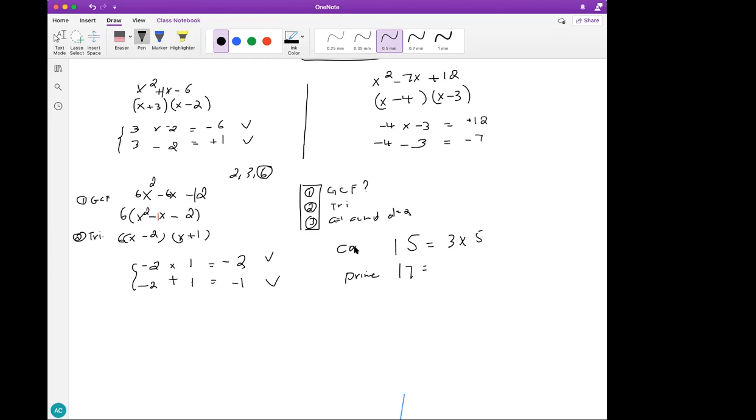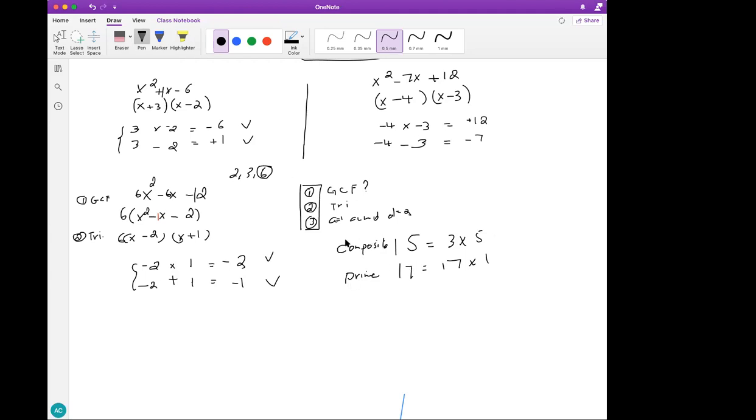Composite. So basically it's composed of these two. So this is a composite number, this is a prime number. 17 can only be 17 times 1 when we talk about integers.